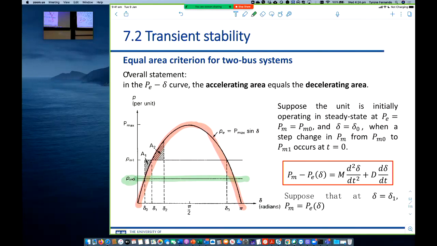Okay. Now, say the load changes all of a sudden, and the turbine mechanical power output rises from PM0 to PM1. My question to you is, why doesn't it just go like that and stop there?